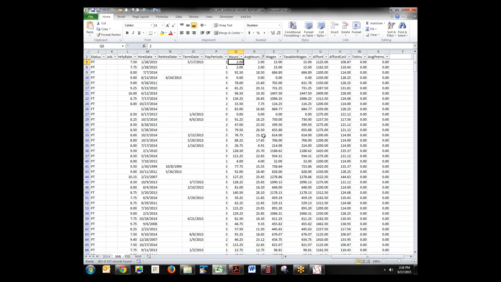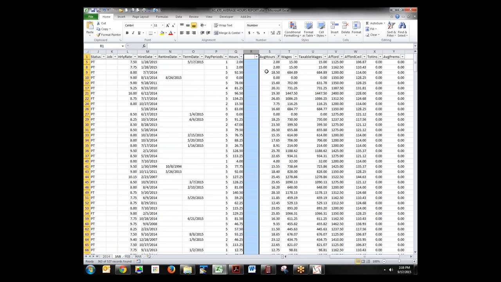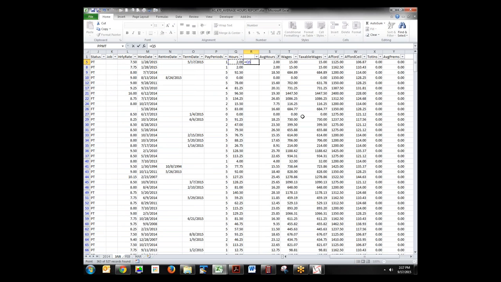However, there's one more step before we do that, and that's to limit the hours to 120. So anything more than 120 hours, we aren't concerned about. So that's where, for example, an Excel formula will come into play, so that we can take the hours and say, okay, if the hours are greater than 120, then limit it to 120.